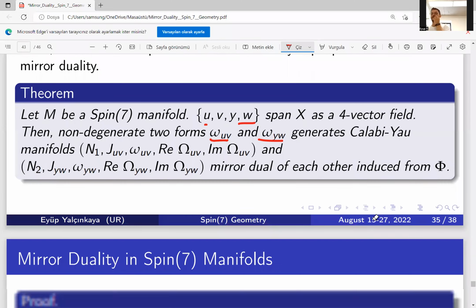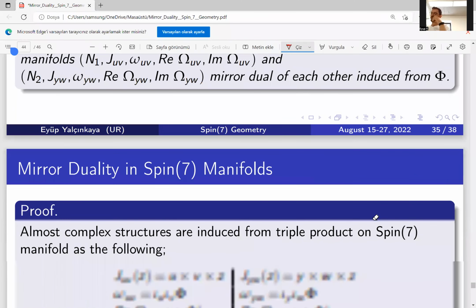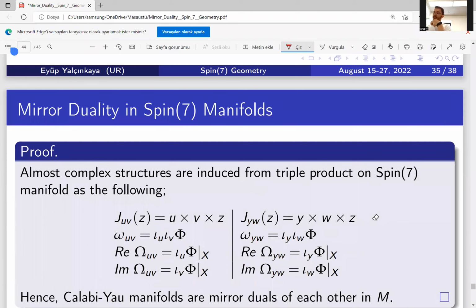But how do we construct this? For U, V we can use the triple product, and for Y, W we can use the triple product also. This is the interior product, which reduces the form degree by 1. This is a 4-dimensional object.